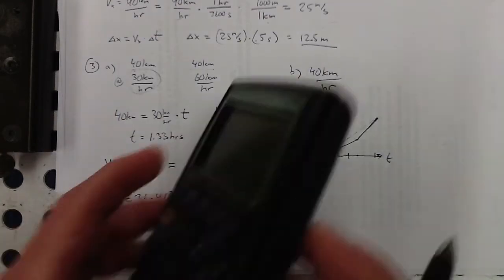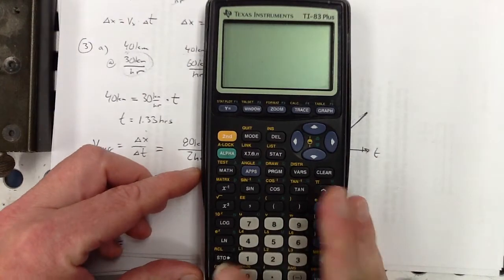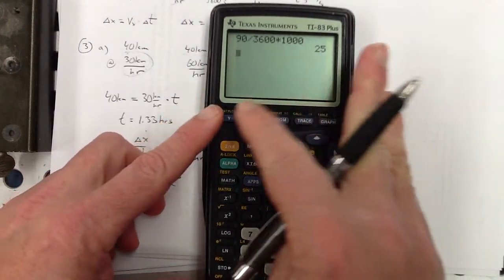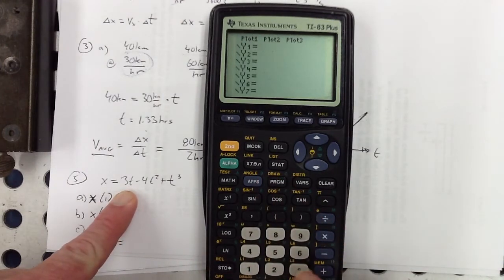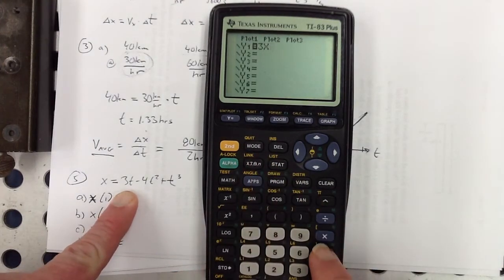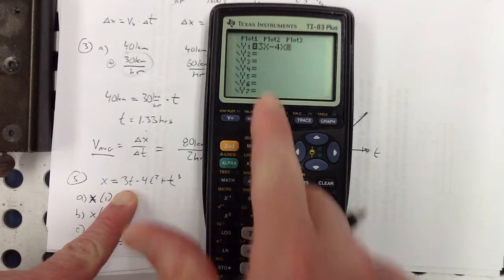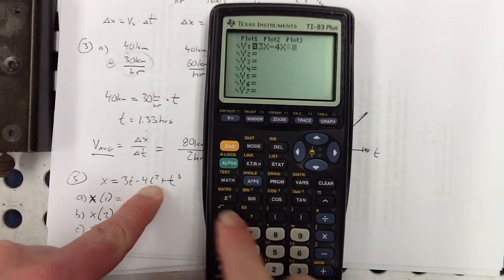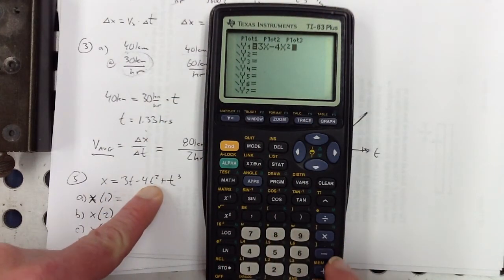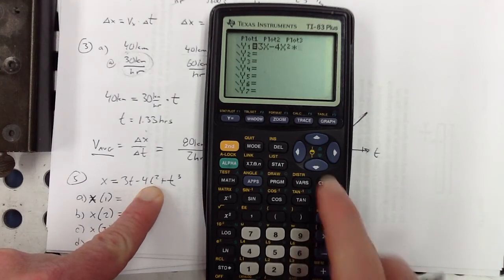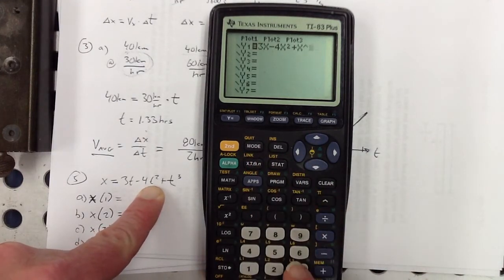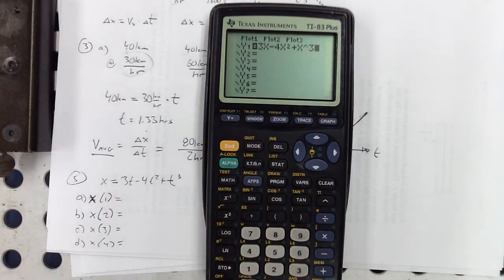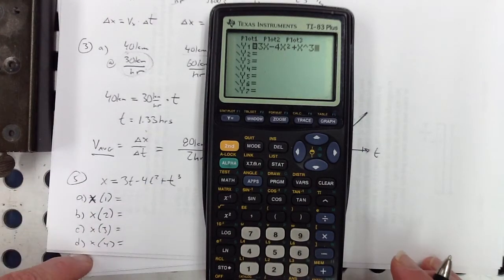So one thing you could do, unlike calculus, which is often calculator not allowed, you could go here and put this in: 3x minus 4x squared, plus x cubed. Your calculator wants these to be x's, so we don't mind that. We know that they're really t's for us.